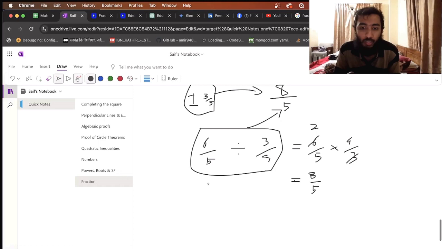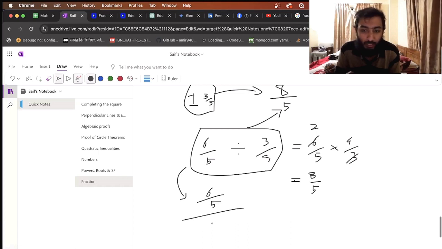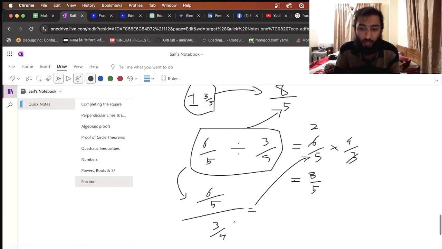Another way to do this is to transform 6 by 5 divided by 3 by 4. If we take the number 3 by 4 and move it from the denominator position to the numerator position, this will turn into 4 by 3.